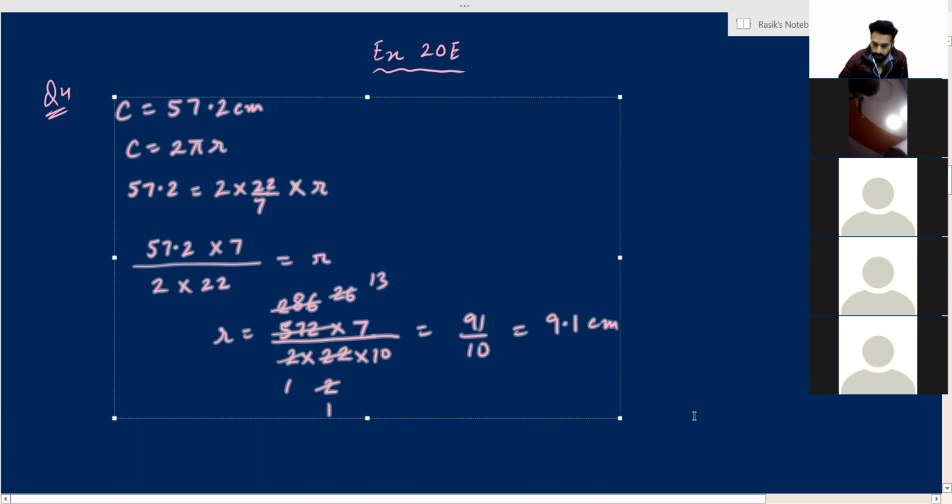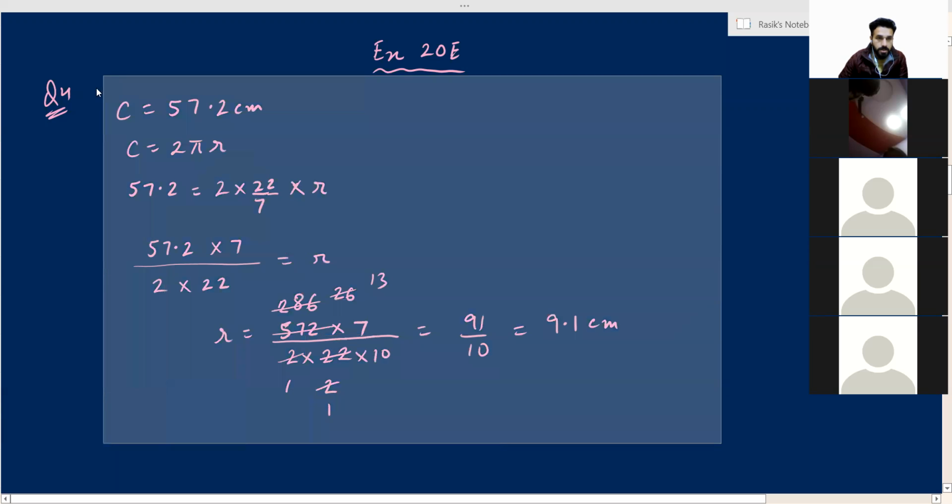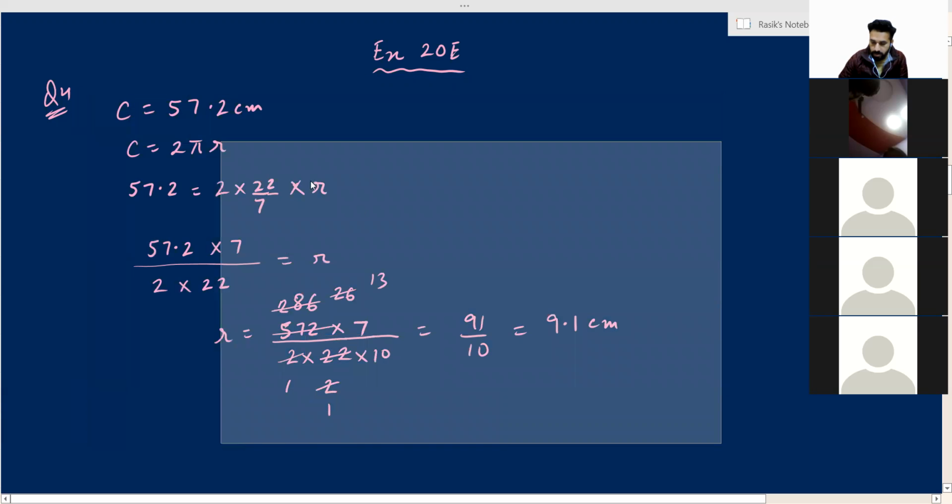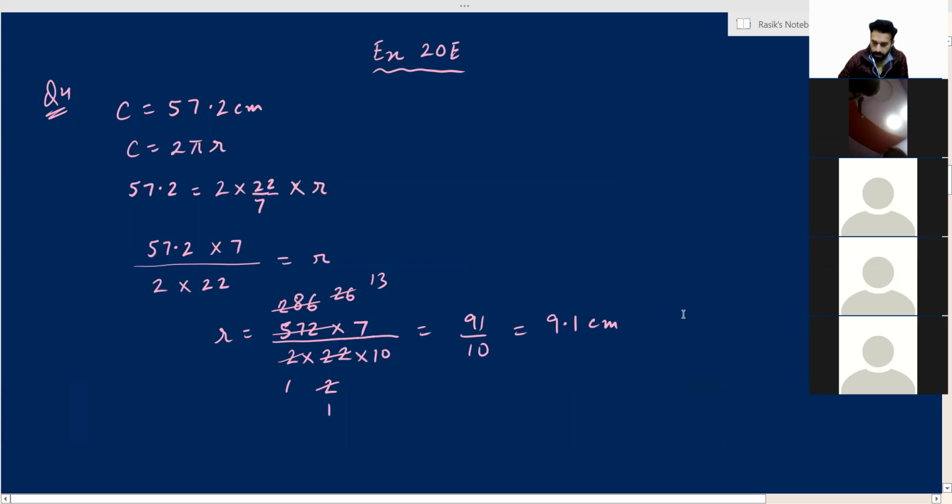It is 29. 29 into 7 is 87. Sorry, not 8.7. It will be 87 only.